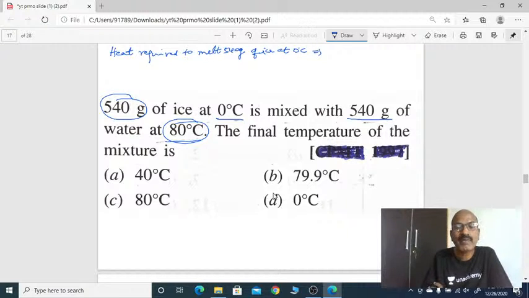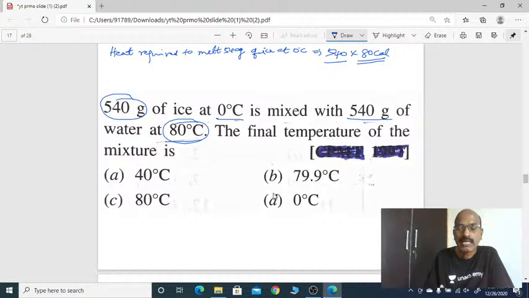How much quantity of heat is required to melt it? Q equals m into L. The mass is 540 into the latent heat of ice, 80 calories. mL is the quantity of heat required to change the state. Ice wants to melt, so the heat required at 0 degree Celsius is m into L, 540 into 80 calories.